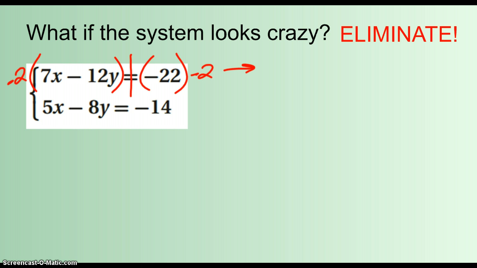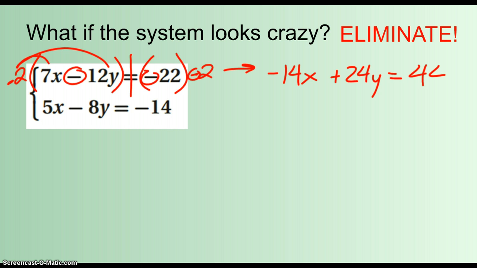So -2 times 7 is -14, and that's with an x. And -2 times -12 is going to give me a positive 24 with a y. And then I've got -2 times -22, well, that's positive 44.